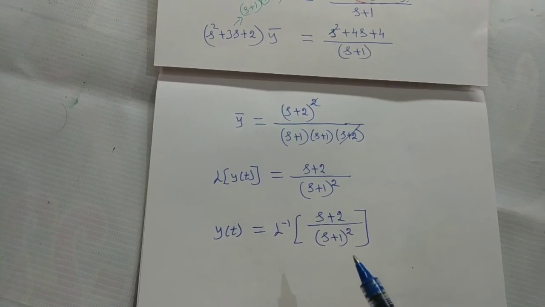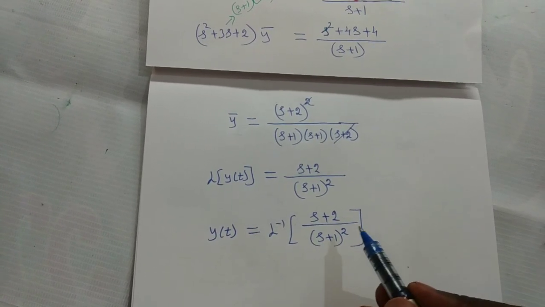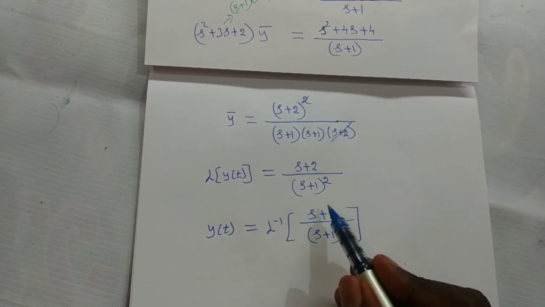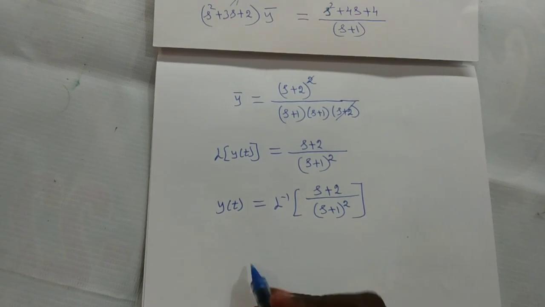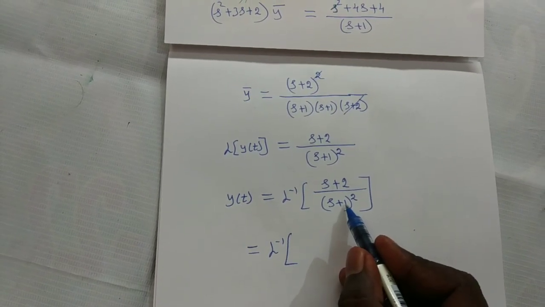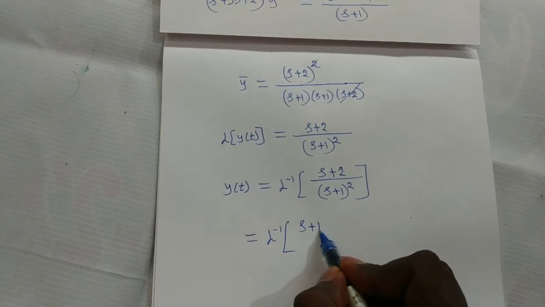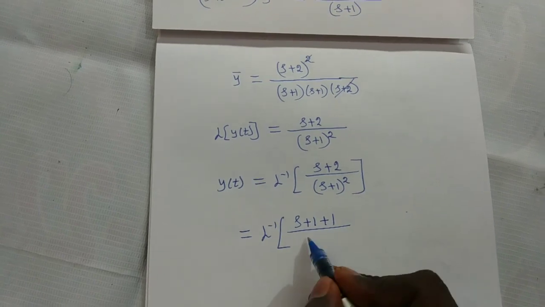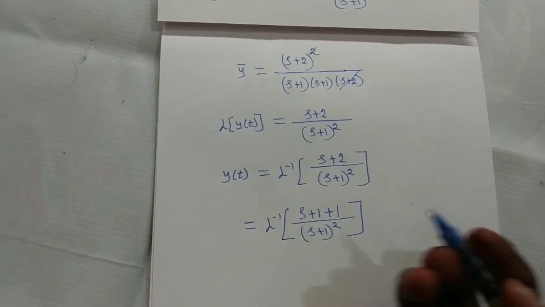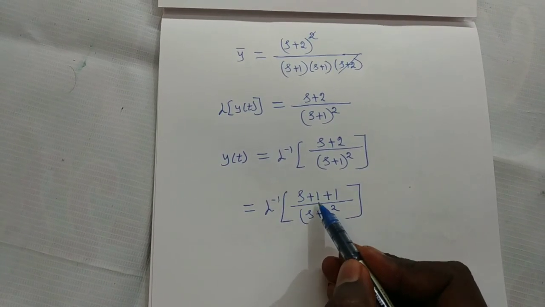Here, you see this numerator s plus 2 can be written as s plus 1 plus 1, because I want to convert the numerator like the denominator. You see L inverse of, the denominator is (s plus 1), so that the numerator can be written as (s plus 1) plus 1 divided by (s plus 1) the whole square. So this is one methodology to find the inverse Laplace transform. Okay, so now consider the entire term like a single term.